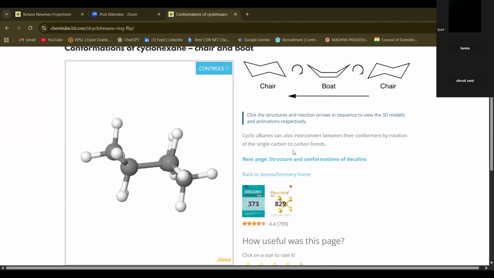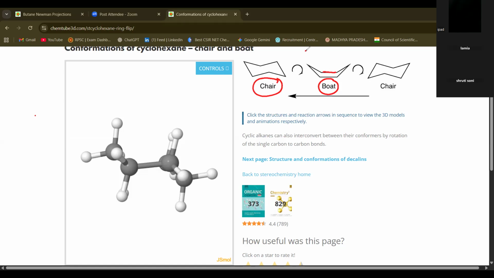So this is the 3D structure of the chair. You can write down that the chair form and boat form are a little bit unstable forms of cyclohexane, chair and boat form. So the chair form looks like this and the boat is like this.